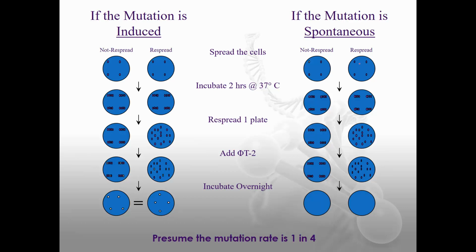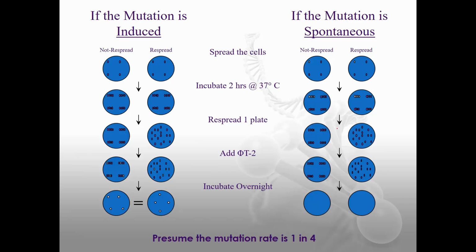And of the 4 cells on here, what are the odds that one of them is a mutant? Well, 1 in 4. So let's make that one a mutant. And then when we grow them up for 2 hours, all of the daughter cells of all of these are going to be identical, which means this mutant makes a mutant microcolony, the wild types make wild type microcolonies, and same here.